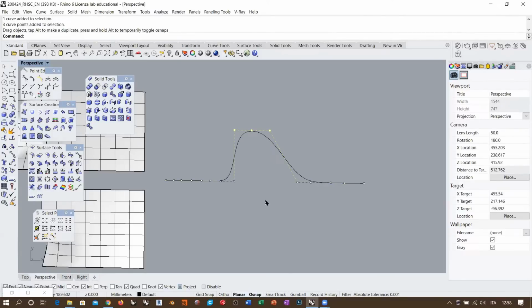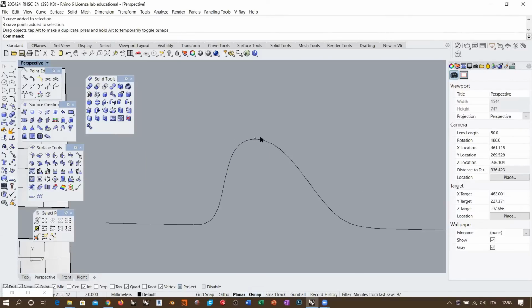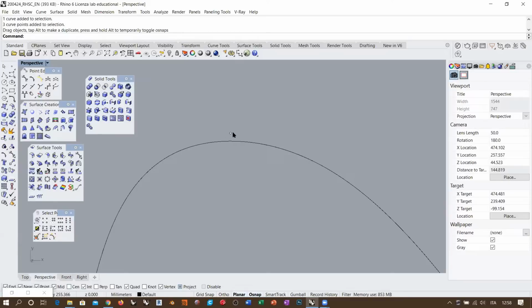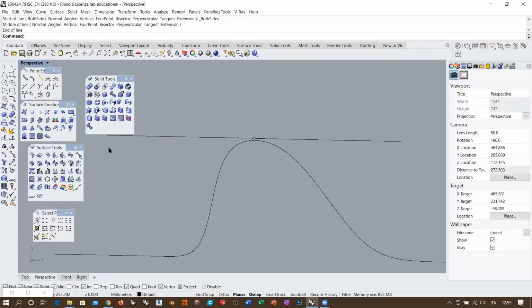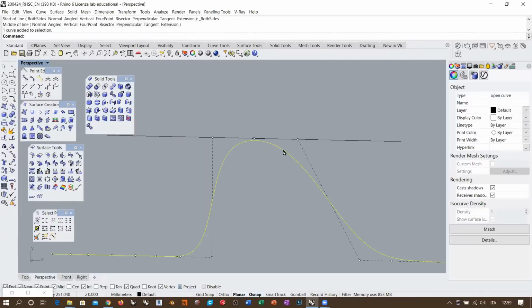Now, if I do this thing, you see that I think I am passing through this point or reaching the height of this point, but I don't. Okay? You see that the curve stops at a lower level than the level of this point. So if I draw, for example, a line from this point horizontally, I see that the control point of my curve lies exactly at the same height of this intermediate point. But the curve is not reaching this height.